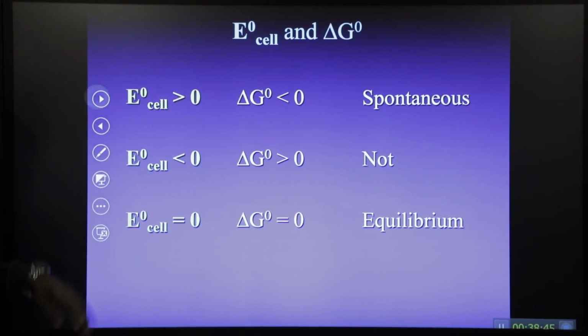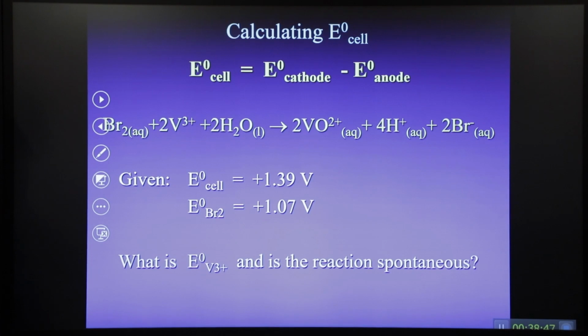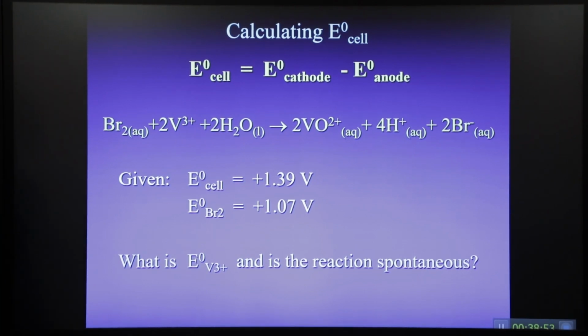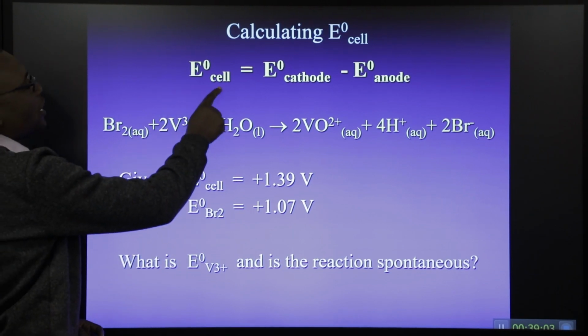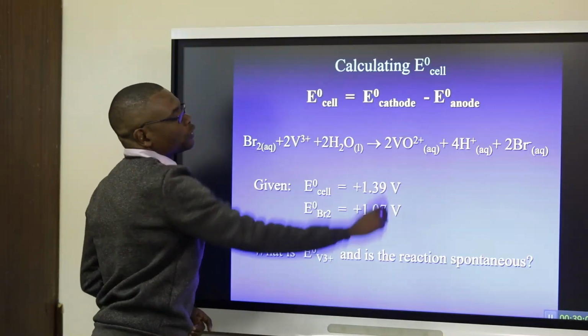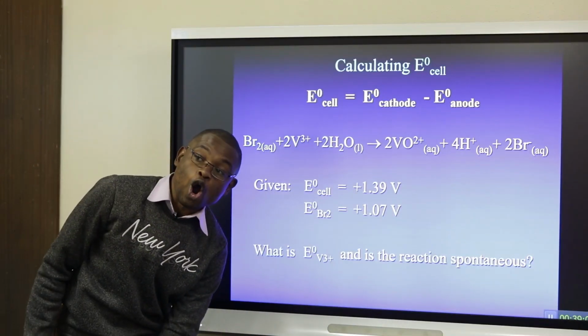Okay. So to conclude this session, we are going to have a few calculations in which you show how to determine the E cell or the cell potential. Under standard conditions, the standard E cell is equal to cathode minus anode all the time.